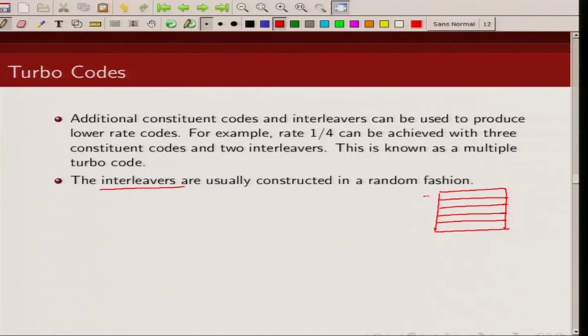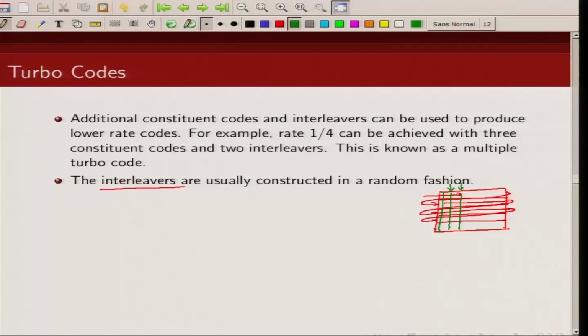So, you fill that data row wise. So, once you come here, you then fill up. So, this is how you fill up the data. Okay. So, you are filling up the data row wise, but when reading out, you could read the data column wise. So, I can read data like this, and then I come here, read this data, come here. So, this is known as block interleaver.